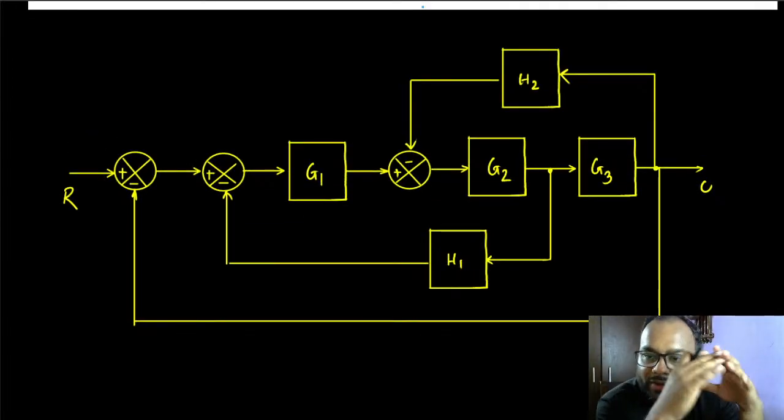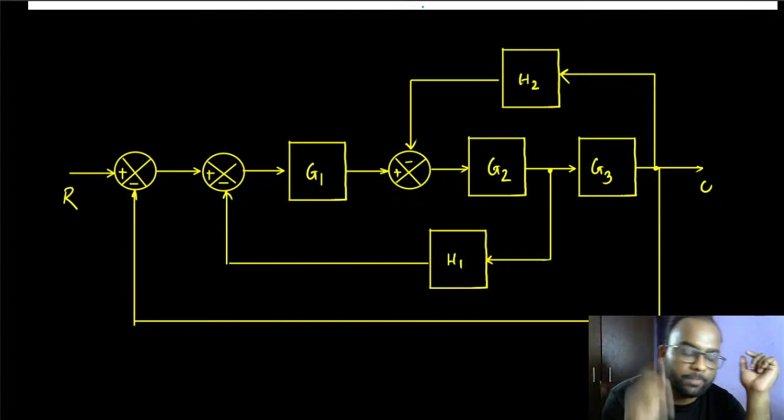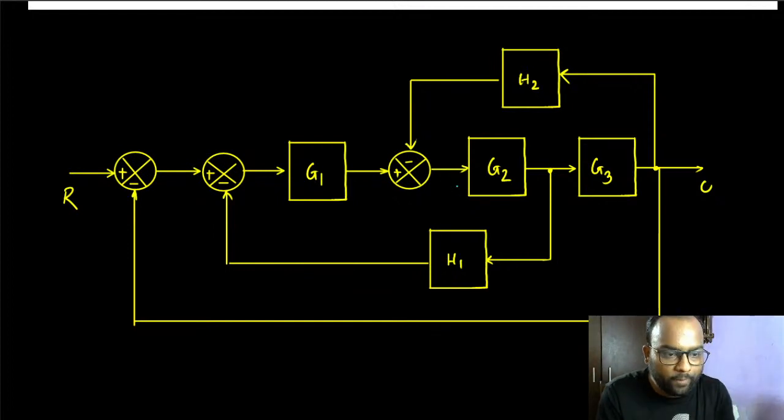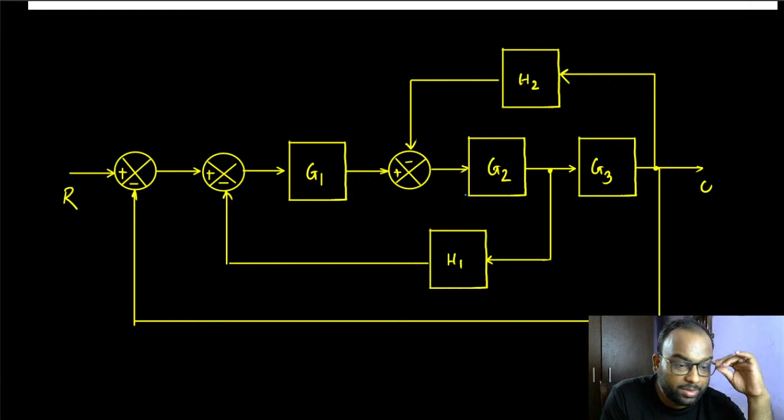Again, whatever we derived moments ago was based on the equivalence of inputs and output. So based on equivalence of inputs and outputs, we know that as long as we don't change the inputs and outputs, we are fine, right? We are all good to go, right? So think about this branch point here.